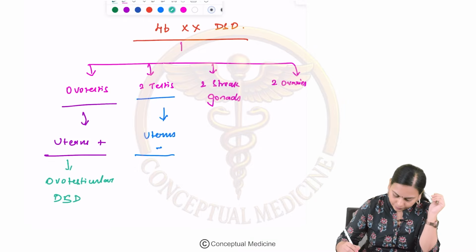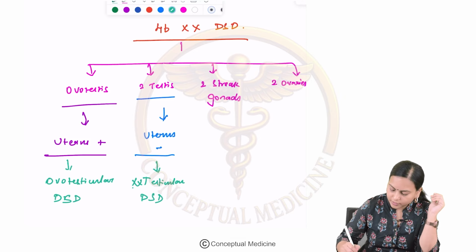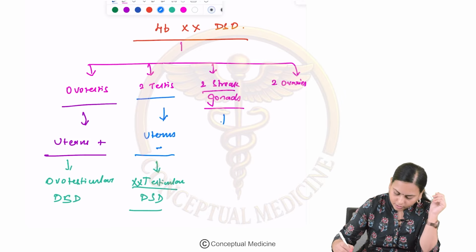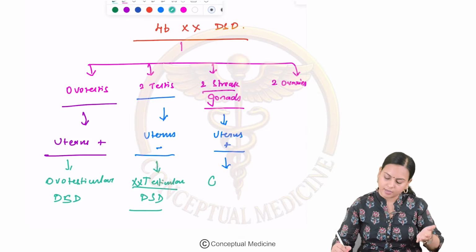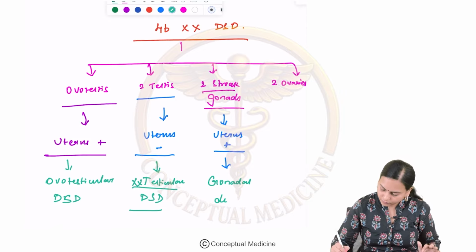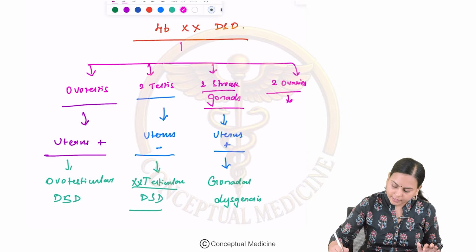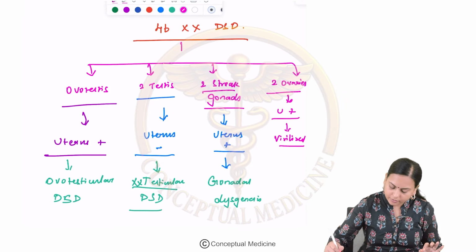So, in that case, this is going to be XX testicular disorder of sexual development, and when they have two streak gonads, this is going to be having uterus definitely. Okay, they will have uterus definitely, and this is going to be a case of, yes, gonadal dysgenesis. And when two ovaries are present, definitely the uterus will be present, and if she is a virilized female, you have to check for 17-hydroxyprogesterone levels.